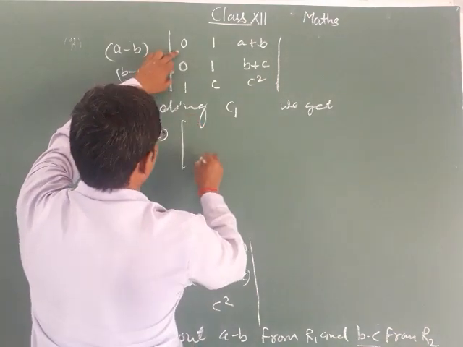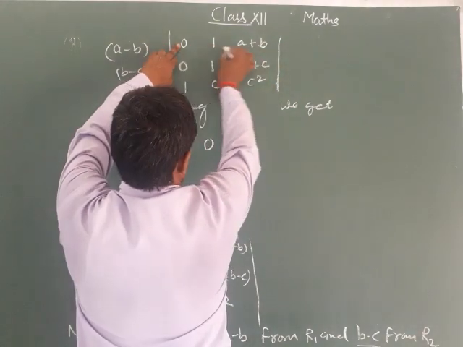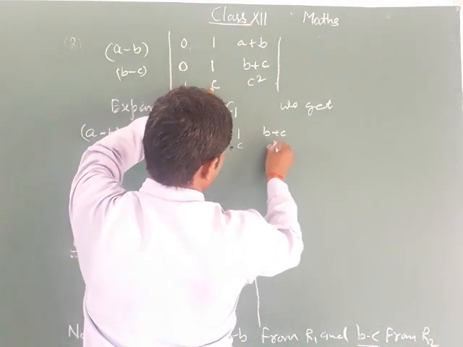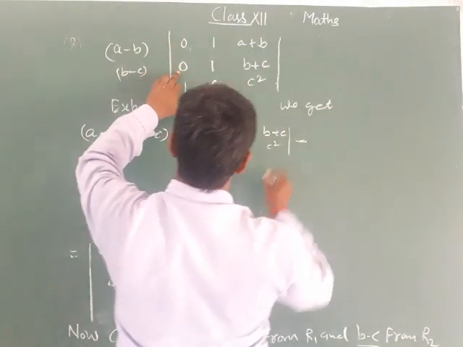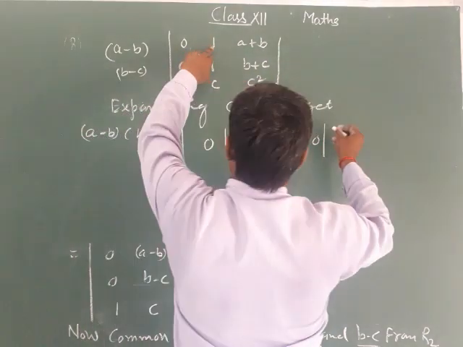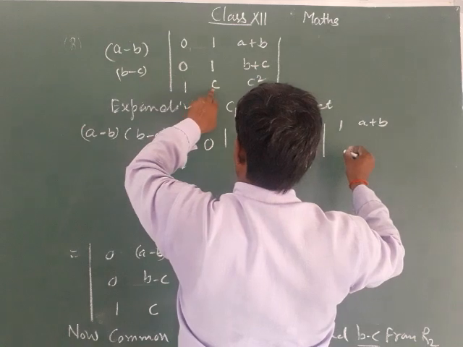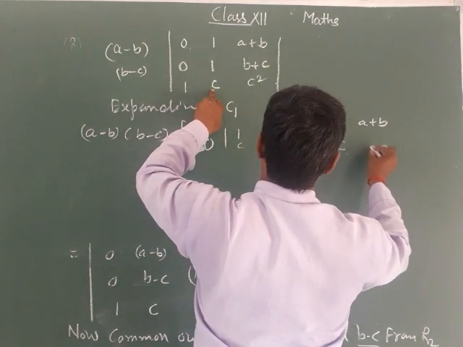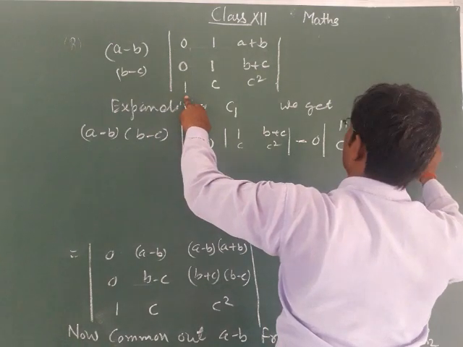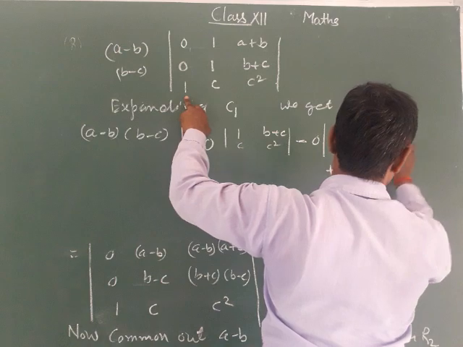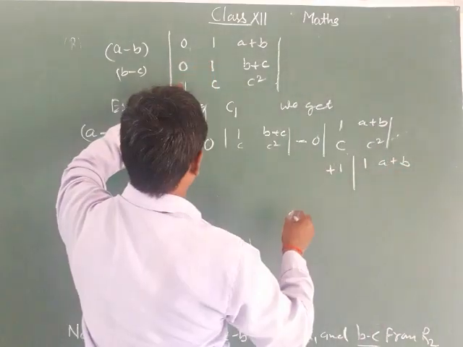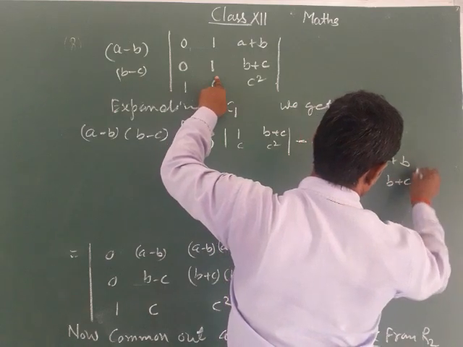Now 0 times the minor, eliminating its row and column, is 0; also the next term is 0; and plus 1 times the determinant of 1, a plus b and 1, b plus c.